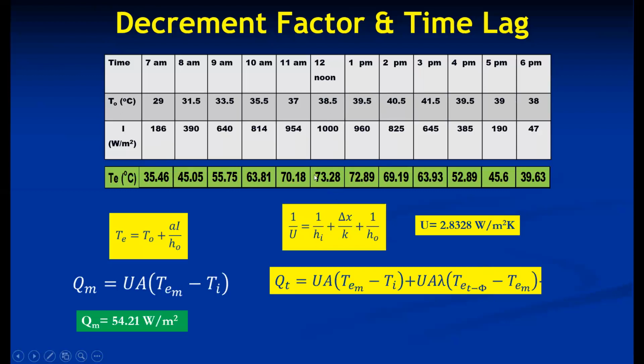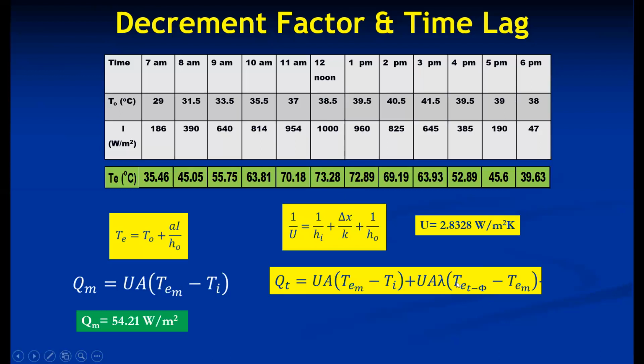So obviously, the maximum heat arises when the solar temperature is 73.28. This is T max. The formula becomes Q max equal to UA TM plus UA lambda T max. So instead of T minus 5, we can use the expression T max.